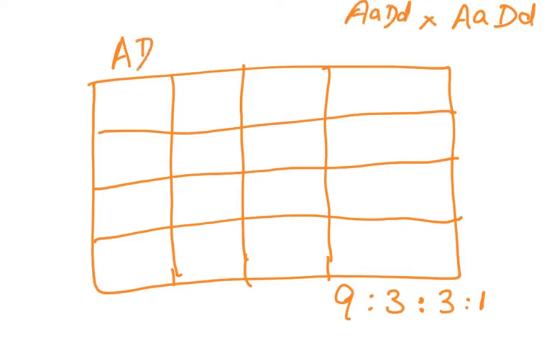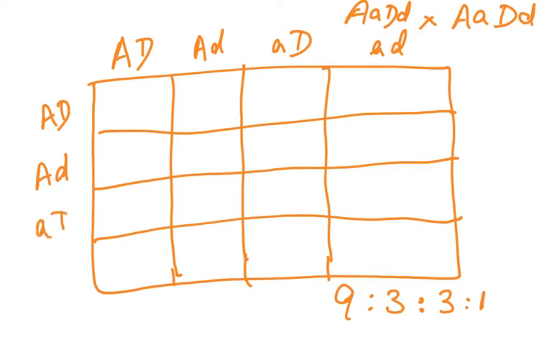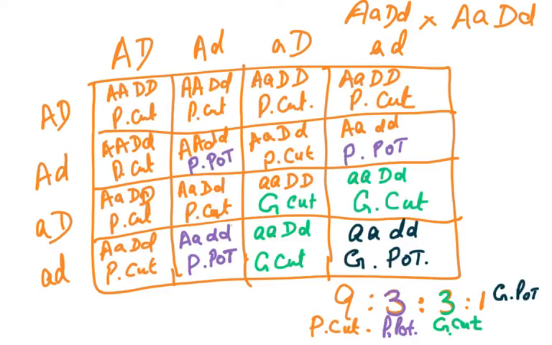So you have big A, big D here as well, big A, small d, small a, big D, and small a, small d. The same thing you write on this side as well, and of course you complete this and you can see how it is going to result in 16 possible combinations.